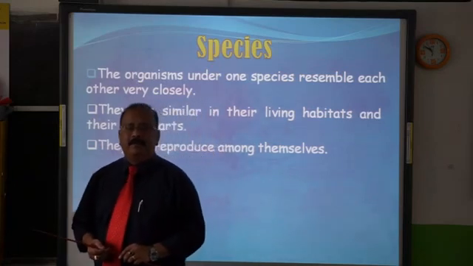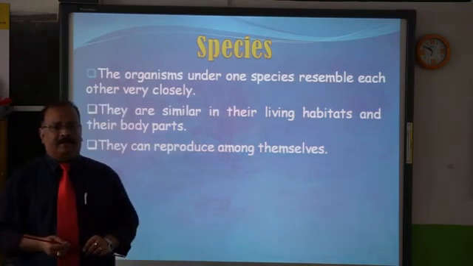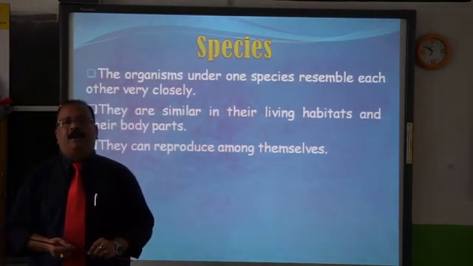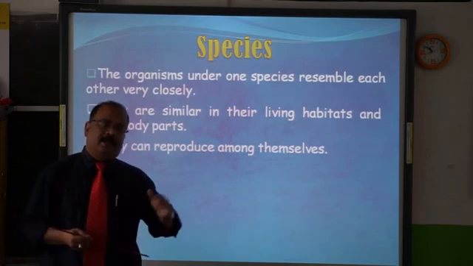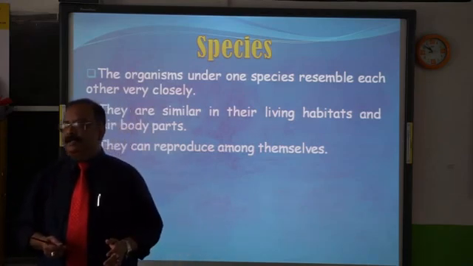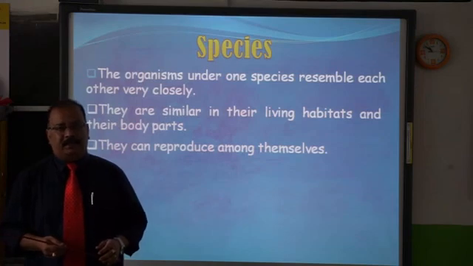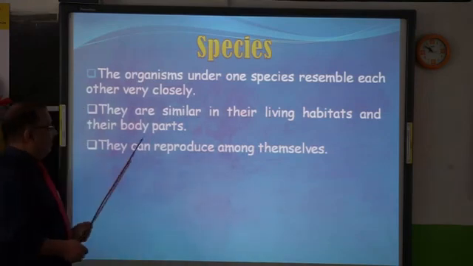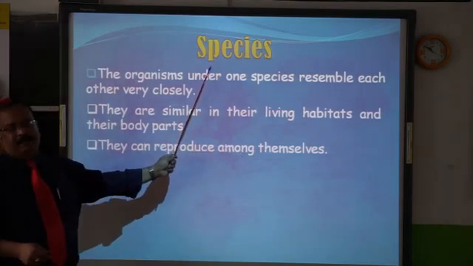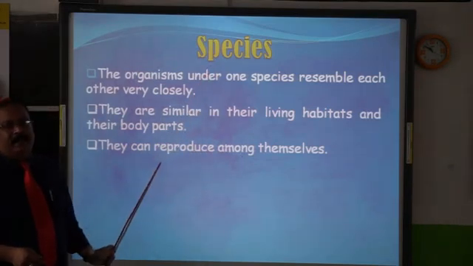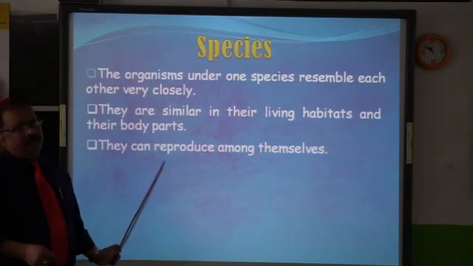They cannot reproduce among themselves. So they cannot be kept in one species. Chimpanzee is in one species and gorilla is in another species. So what is important? That they can reproduce among themselves. Those who are members of a species can reproduce among themselves.